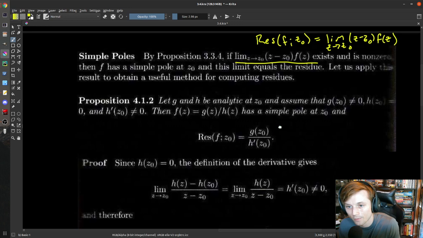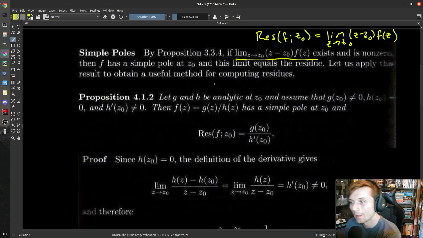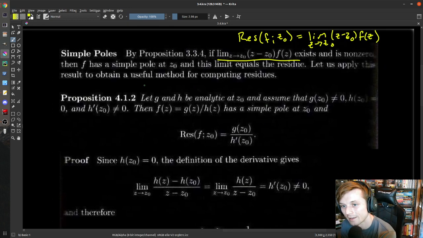Okay, cool. Now, here's a useful method for computing residues.